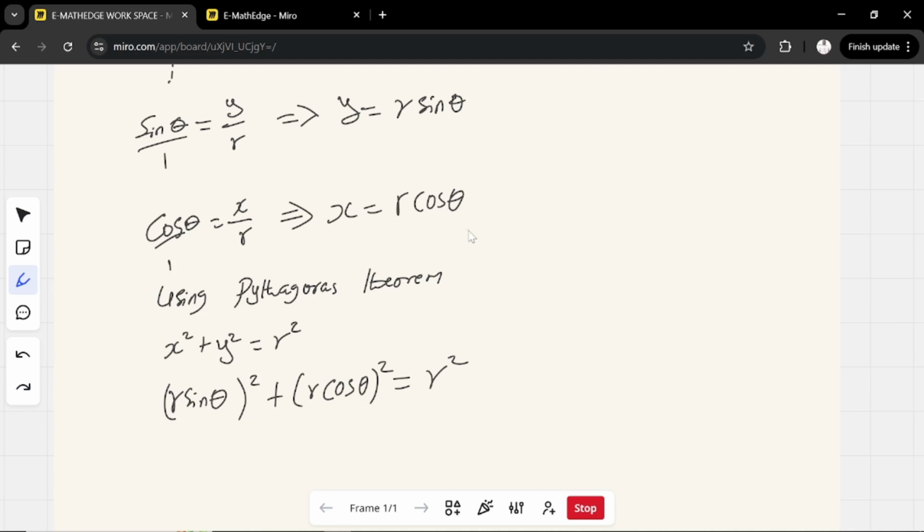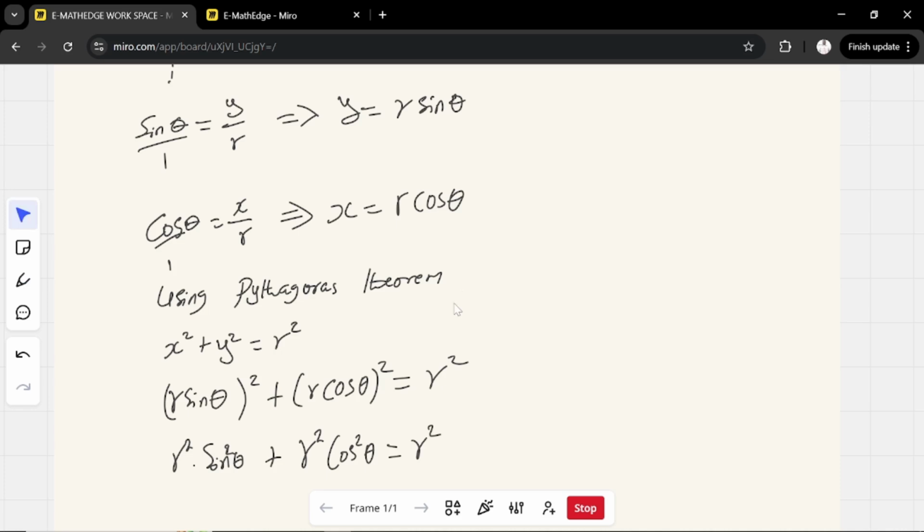So it's going to be r square sine square theta, plus opening this bracket, which is r cos theta square, is going to be r square cos square theta to be equal to r square.